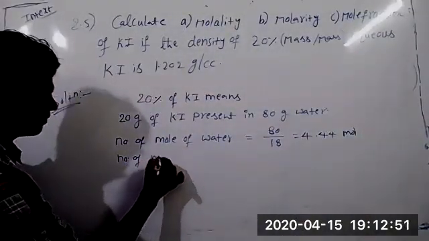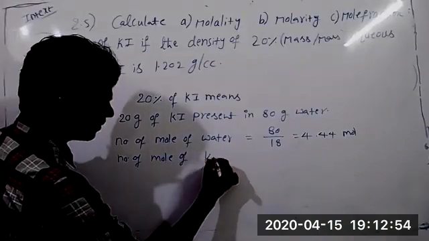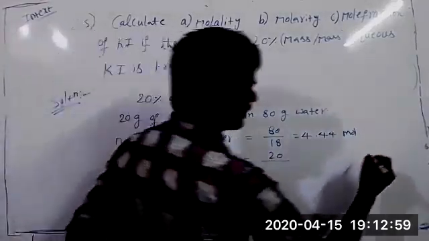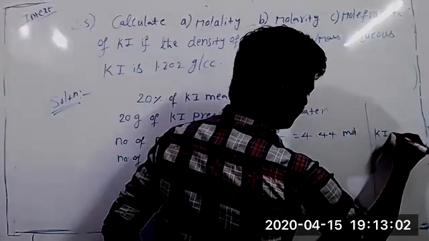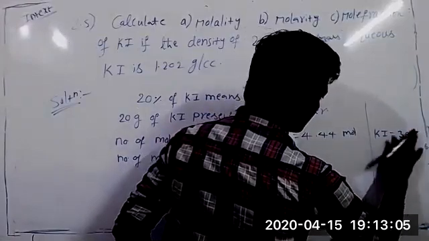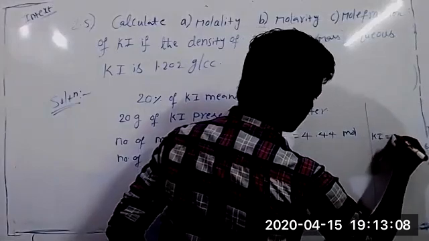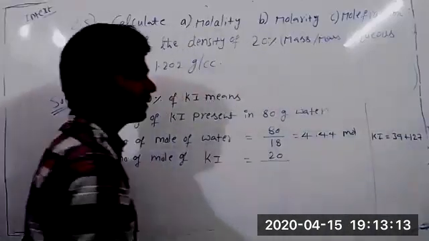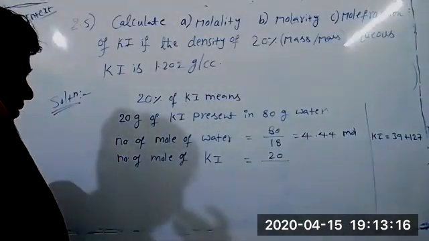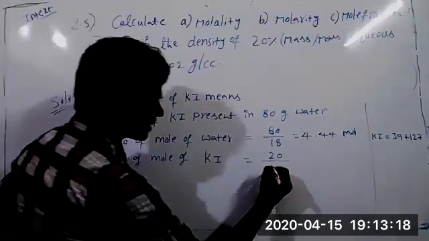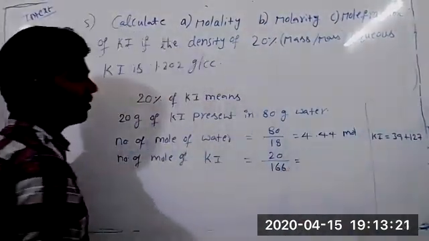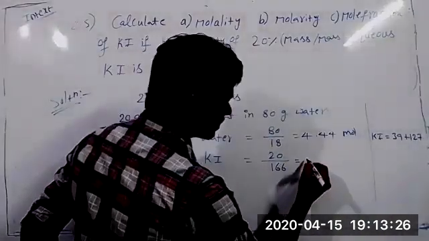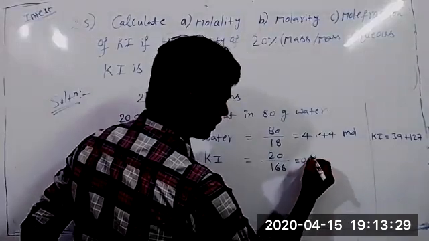Number of moles of potassium iodide is 20 grams divided by the mass of KI. Potassium 39 plus iodine 127, total 166. So 20 divided by 166 is 0.12 mole.